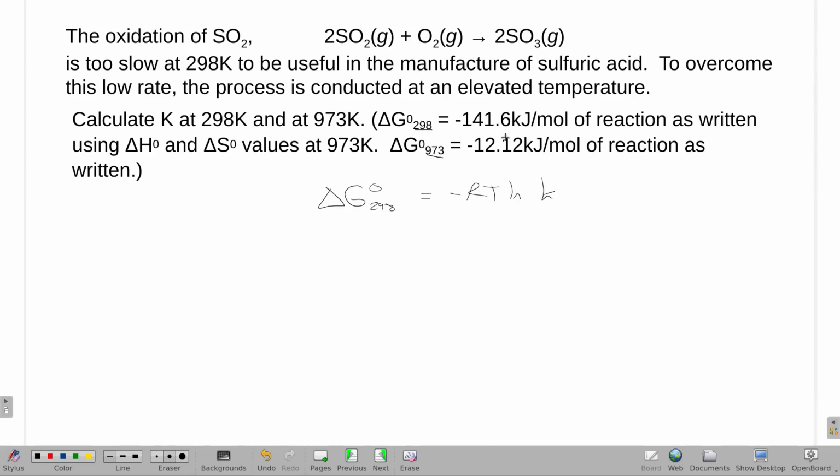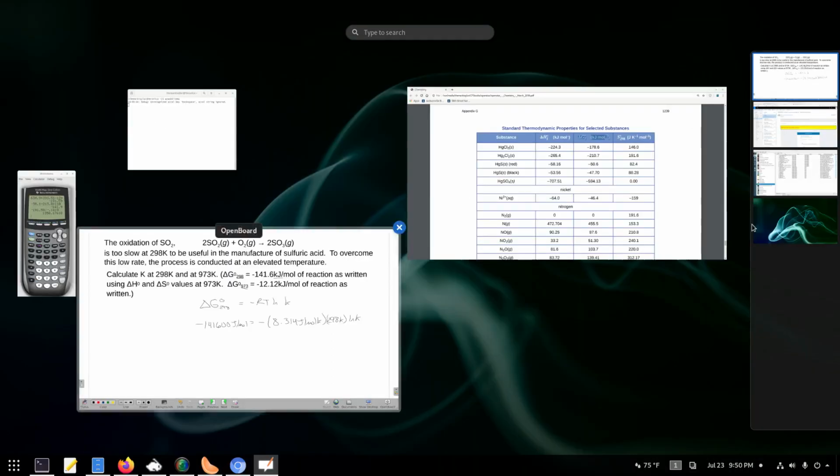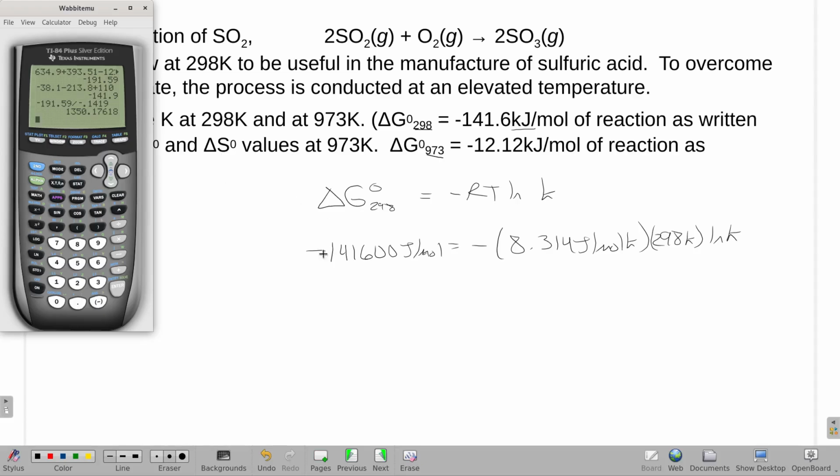And here's something interesting. Delta G's are always kilojoules, but your gas constant R is in joules. So I'm going to write this in joules. It is negative 141,600 joules, equals negative R, and I'll write out the R this time, 8.314 joules per mole Kelvin, times the temperature, 298, and we are going to solve for our K. So, I'm going to ignore the negatives.